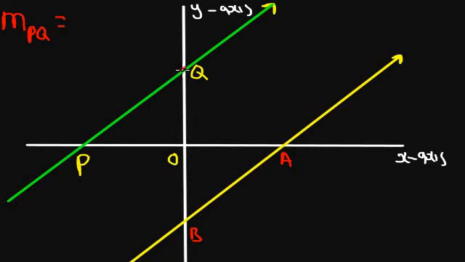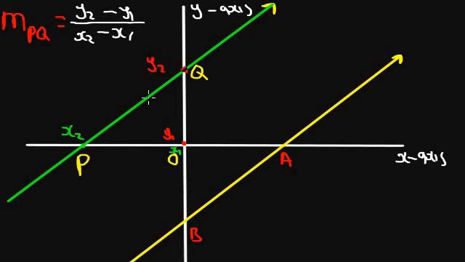This point will serve as y2 along the y-axis, while this point will serve as y1. This same point will similarly serve as x1, and this one will serve as x2. So the gradient will be given as y2 minus y1, all divided by x2 minus x1.